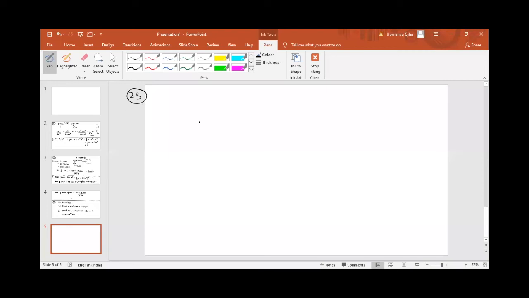You can write down what is parsec. Parsec is the unit of length used to measure large distances to astronomical objects.